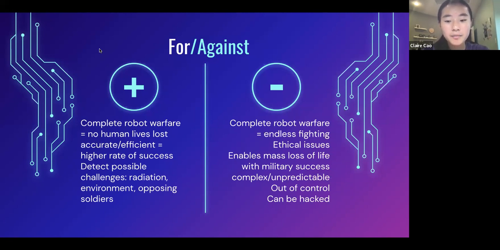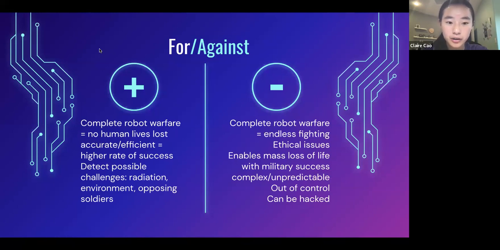It also enables mass loss of life, because robots are powerful. They can be used in a lot of malicious ways to intentionally harm people, and it opens the door for so much more loss of human life.